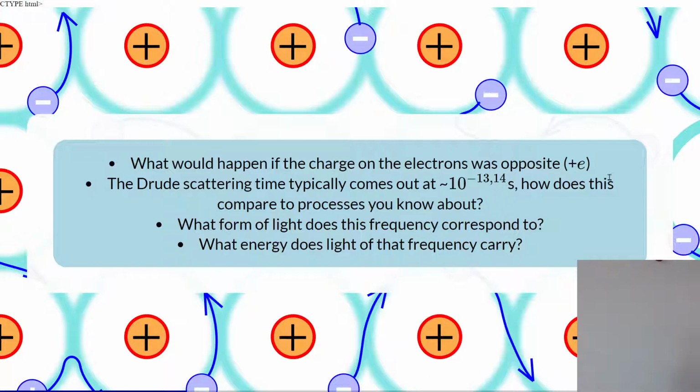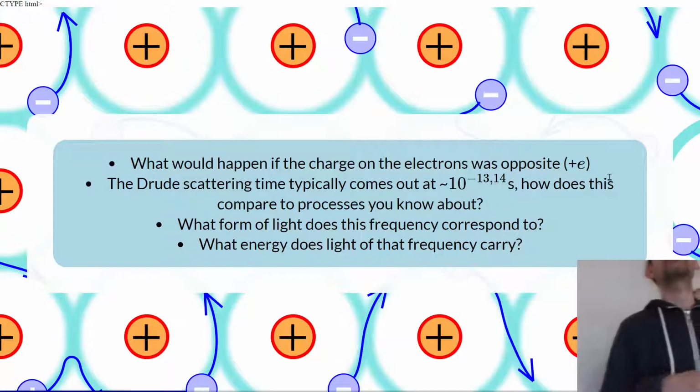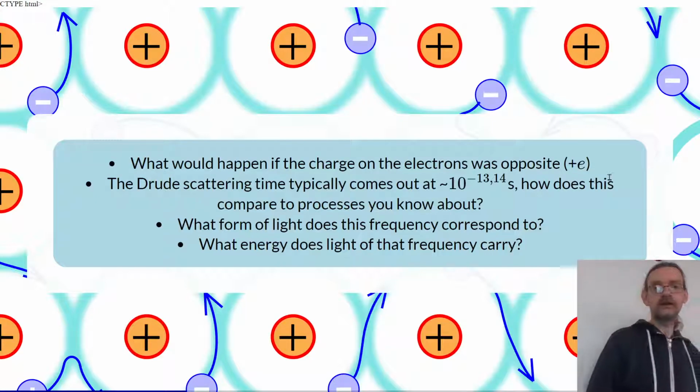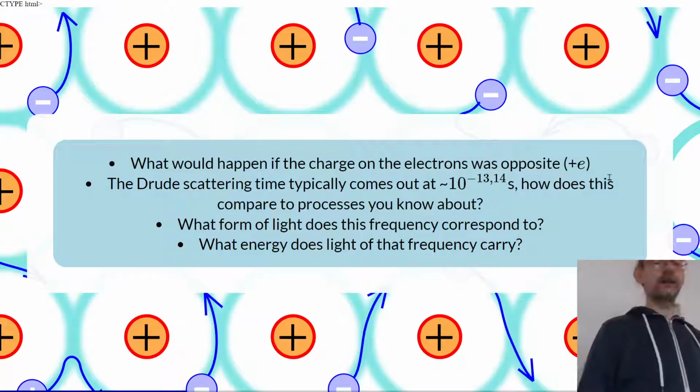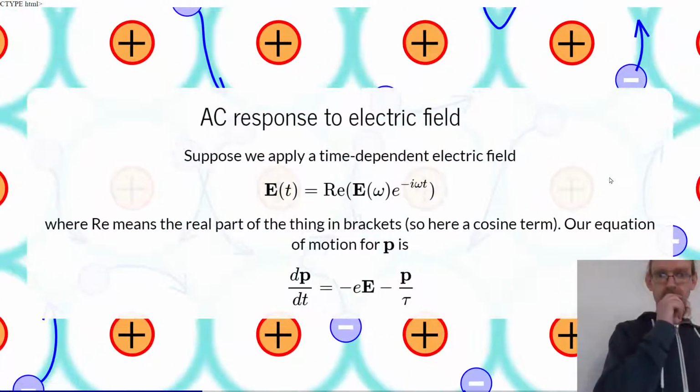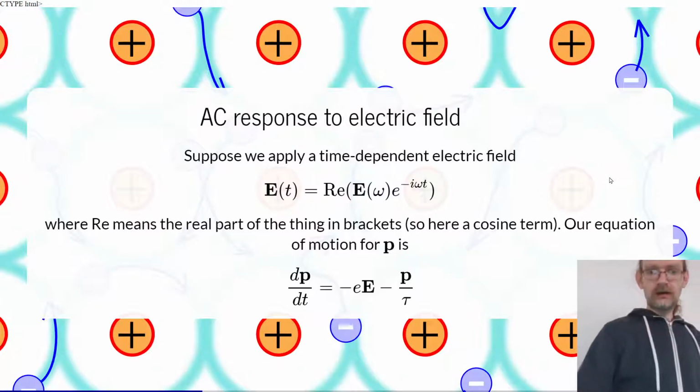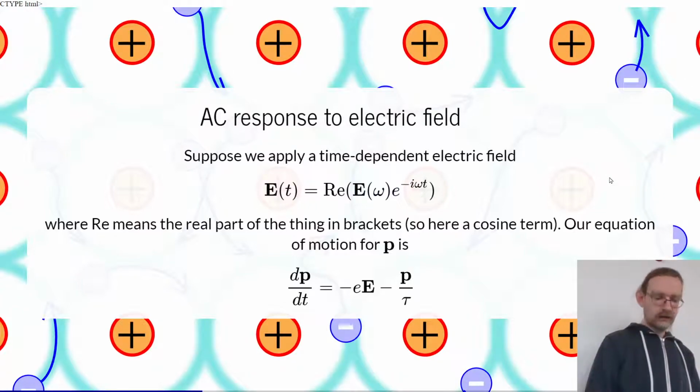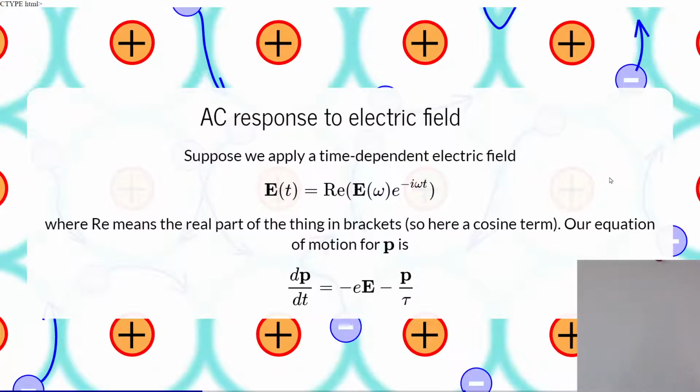That tends to correspond to maybe microwave into infrared regions, so it tends to correspond to vibrations in the material. I think I'll skip this now in the interest of time.